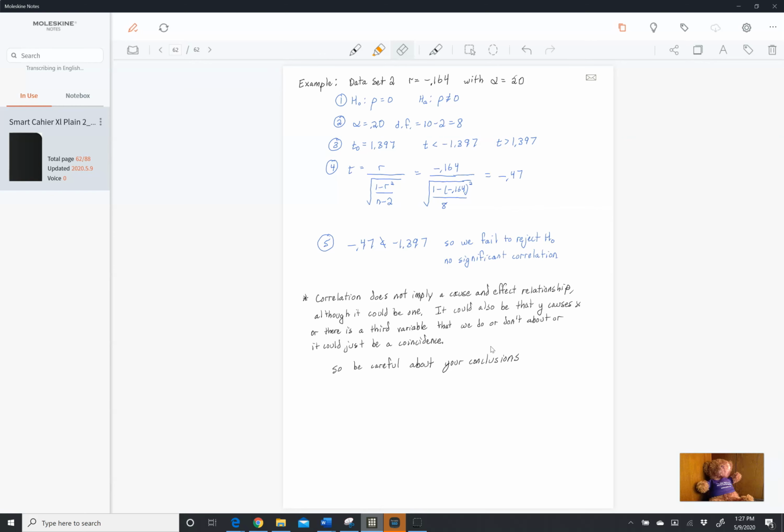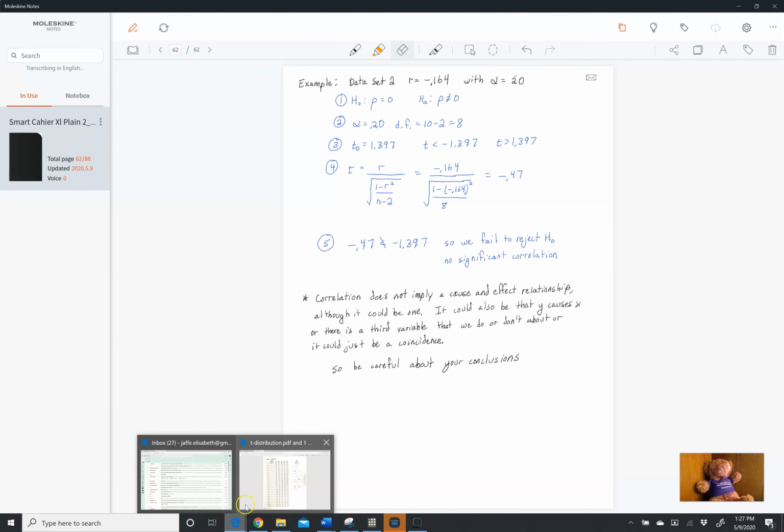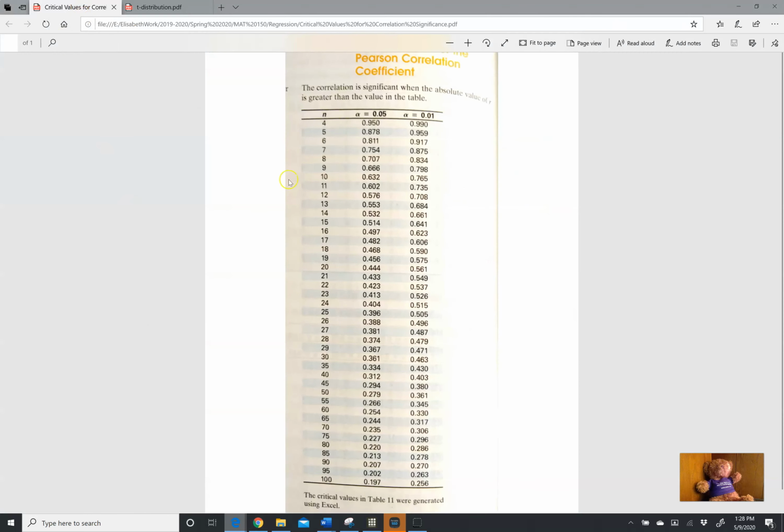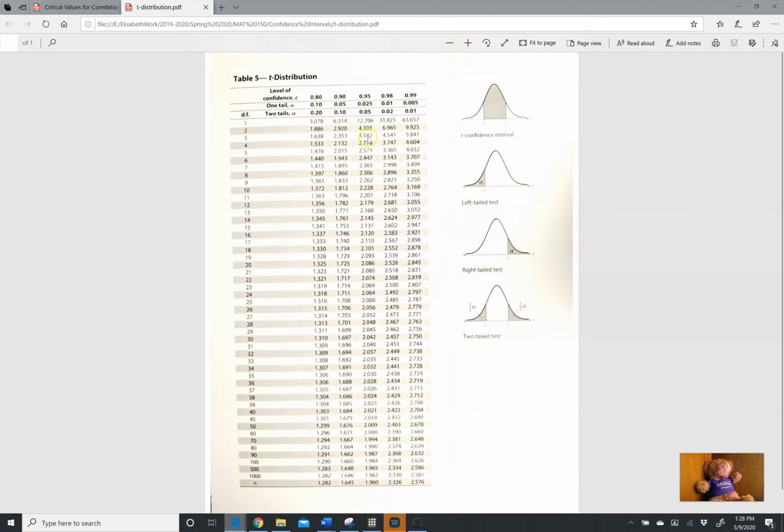And you can compare it to what you see in the critical value table for correlation coefficients. That's this table here, which could help you determine. Or you can do a hypothesis test using the t-distribution. That's essentially what we looked at, and the hypothesis test should be a complete repeat to you. Okay, that's it.